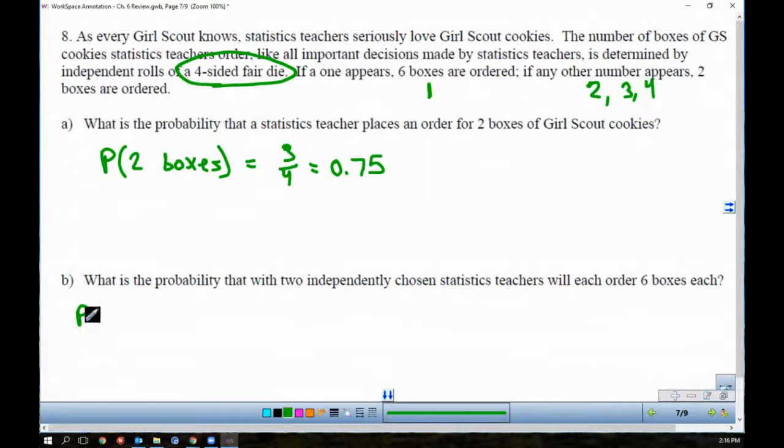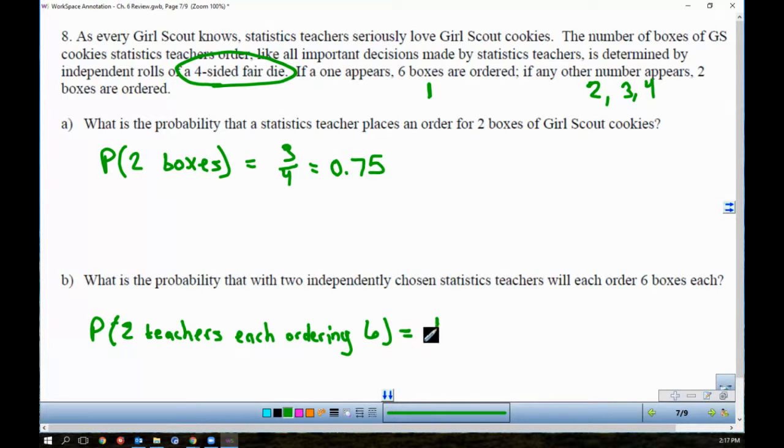The probability of 2 teachers each ordering 6: one-fourth times 1/4.